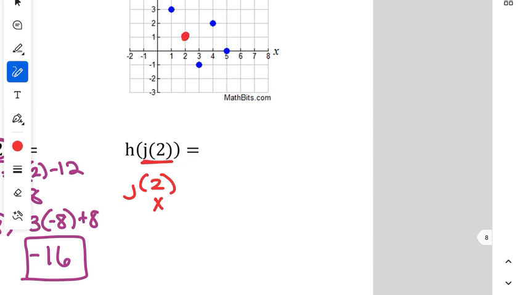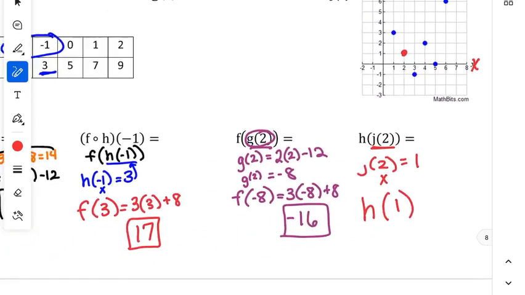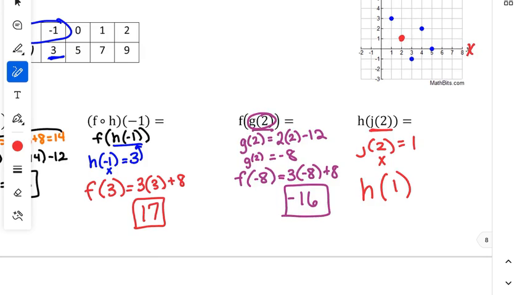You look at your x-axis, it's at 2, and it matches with 1. So this is 1. So that one comes from the graph. Then it says do h of, the j of 2 is 1, so h of 1. So now we got to look at the table and see when x is 1, what is y? 7.